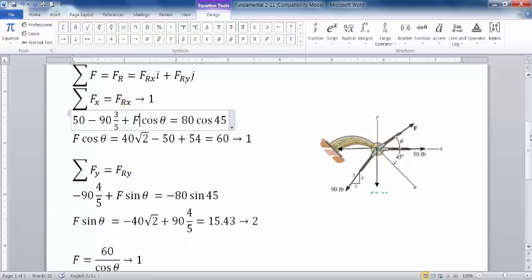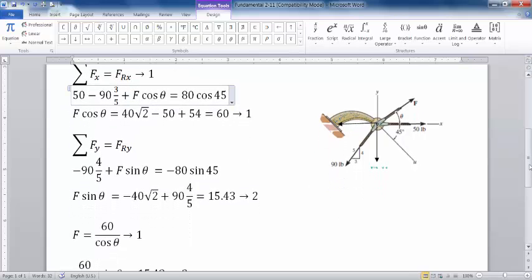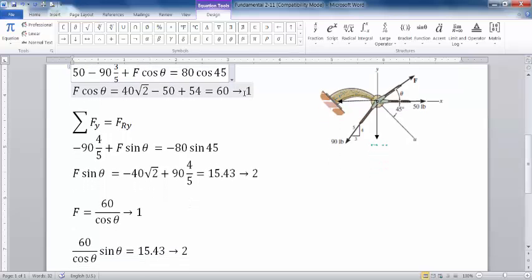Now we have two equations and two unknowns. We will solve it by starting from equation 1. In equation 1, we have two unknowns, F and cosine theta. I'm gonna go with F, so F is equal to 60 over cosine theta.